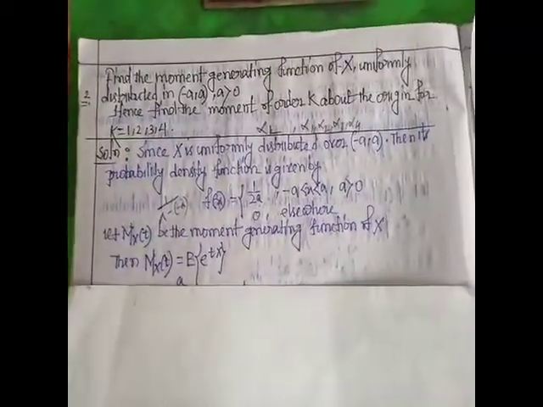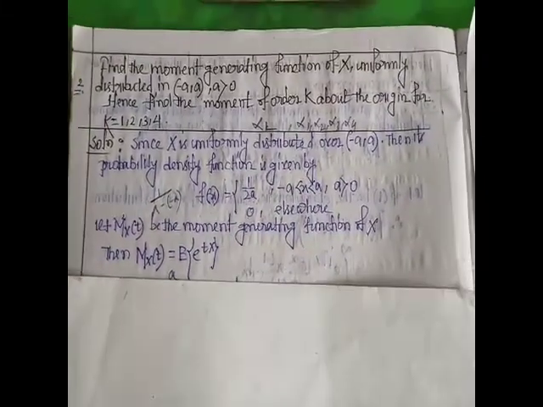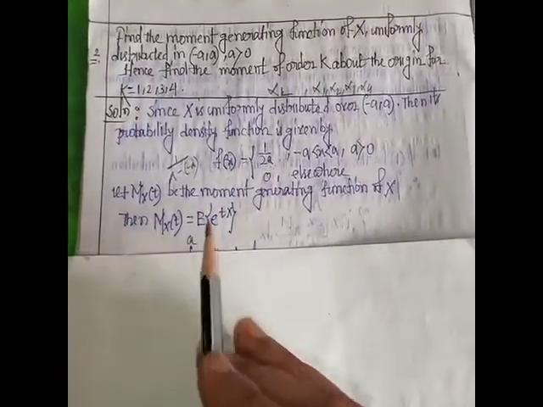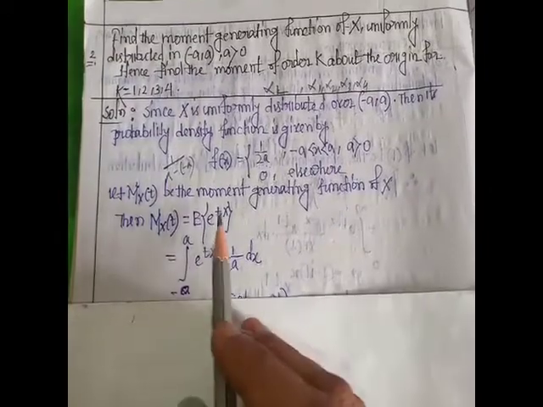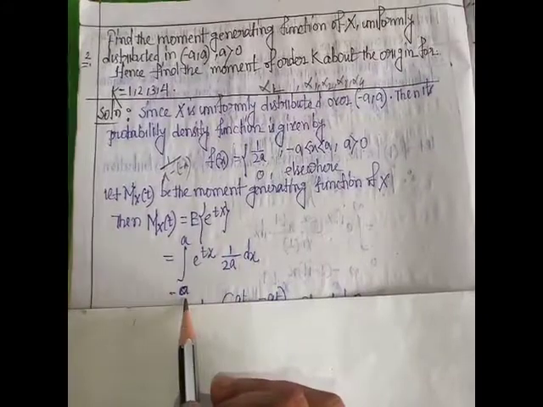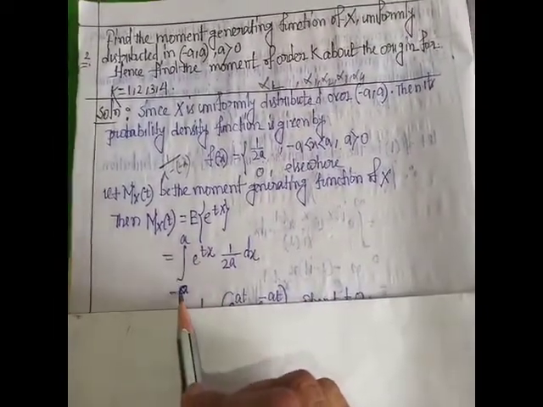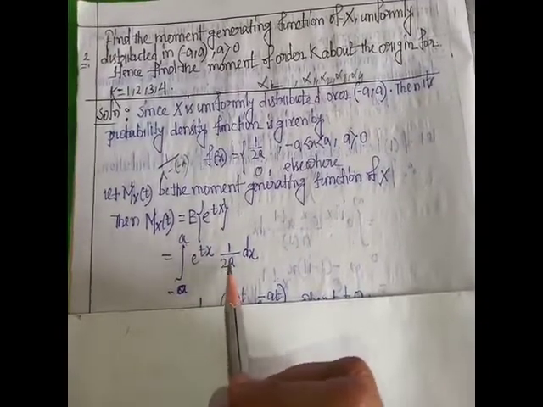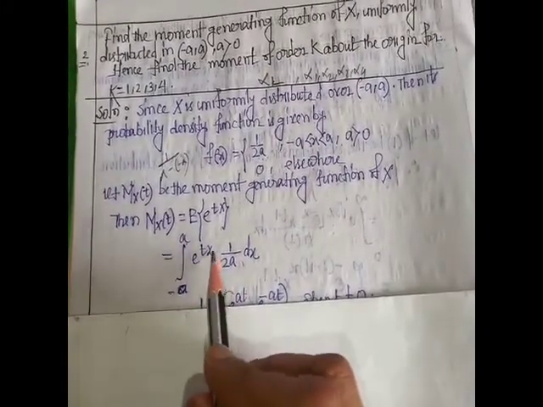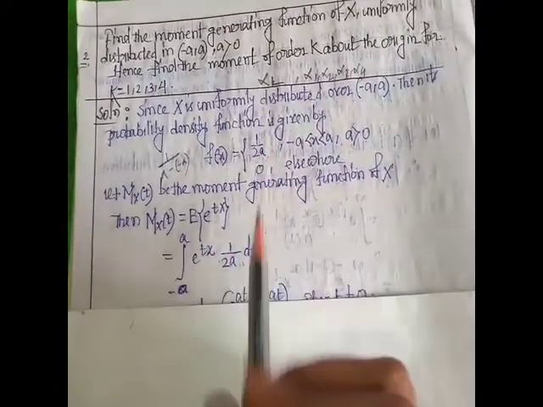Since x follows a continuous distribution, the expectation of e to the power tx is the integration over minus a to a of e to the power tx into f(x) dx. Here f(x) is 1 by 2a, so it is the integral from minus a to a of e to the power tx into 1 by 2a dx.